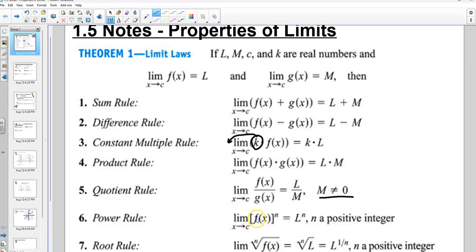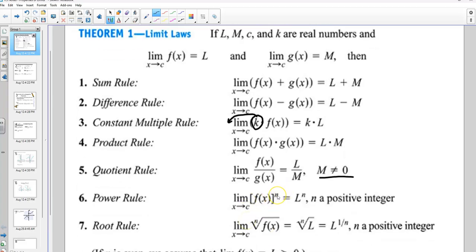And if you've got an exponent, really they could have put power rule and root rule together, because if you remember, when you have the nth root of L, it is like L to the 1 over n. So it's really the same as doing an exponent. If you're raising something to a power or taking a root of it, you can just take the root of whatever that limit was.